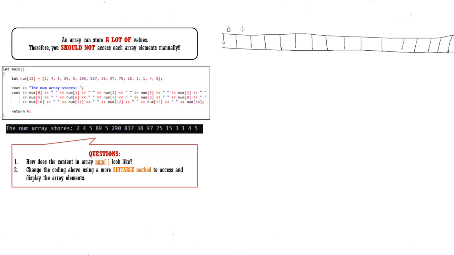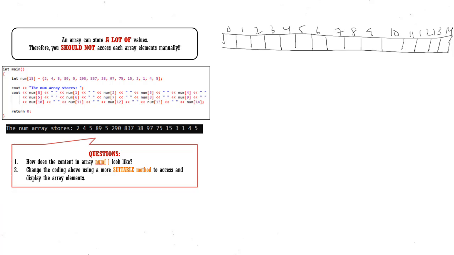It's only up to 14 because there are 15 elements and we start with 0. So here the last value will be at index 14. So inside this, there are these elements.